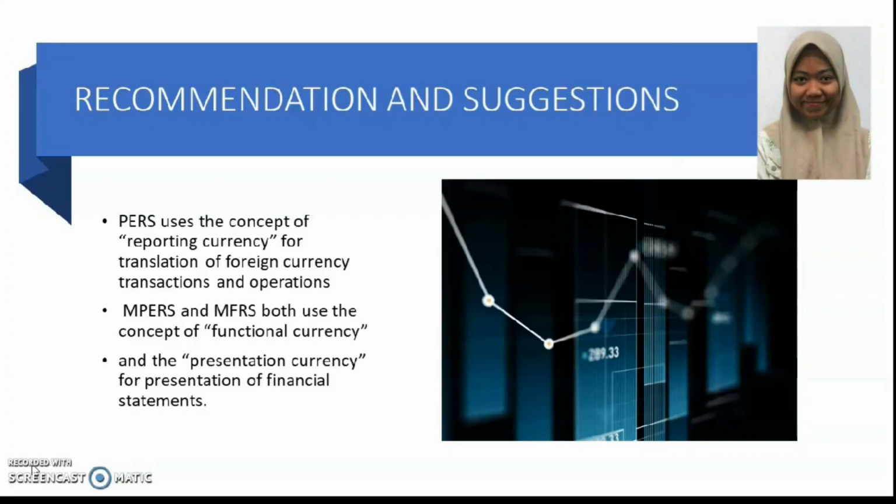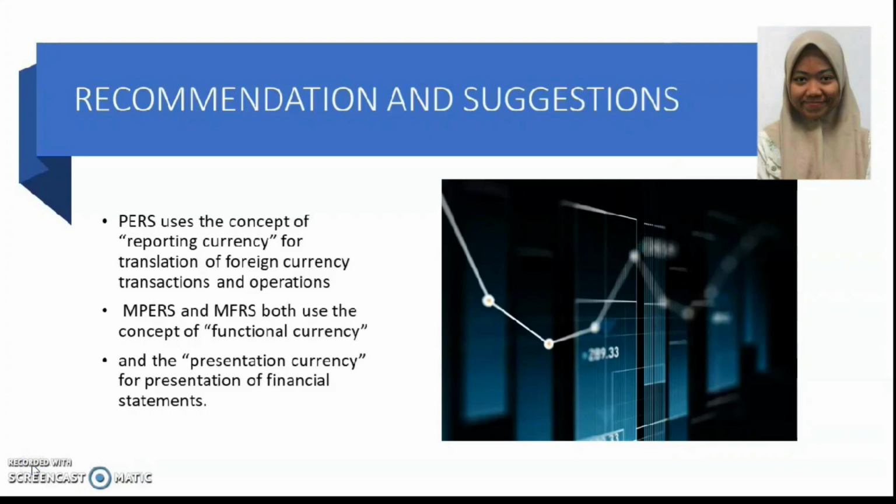These are fundamentally different concepts because the starting point and the application of this area in MFRS or MPERS is for an entity to identify its functional currency for measurement purposes. The functional currency is not necessarily the local currency.